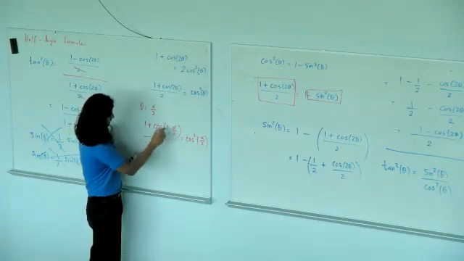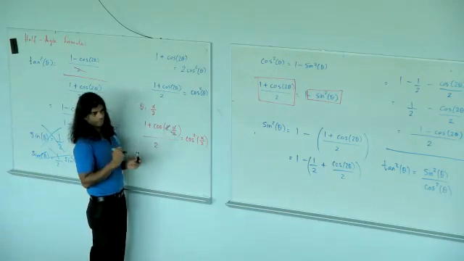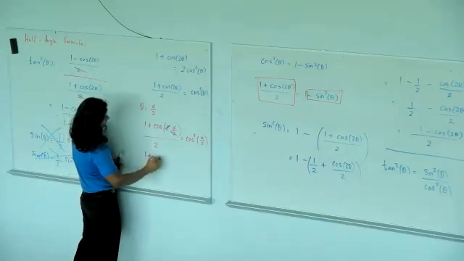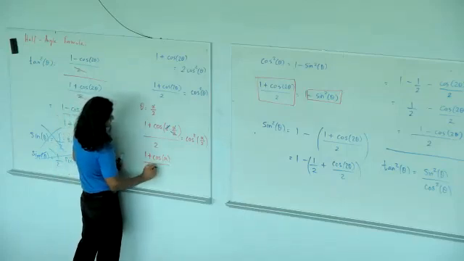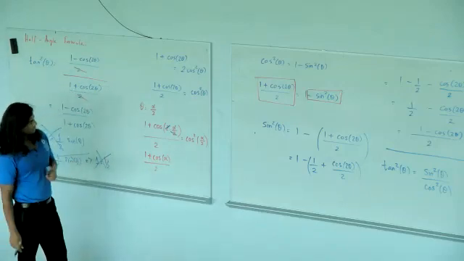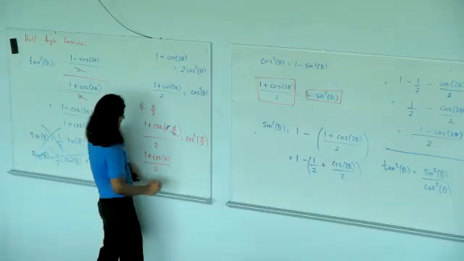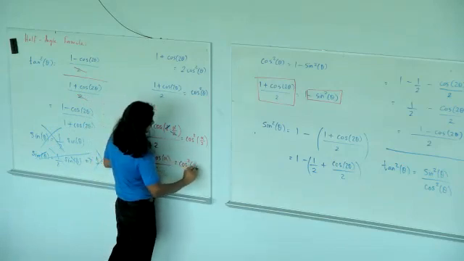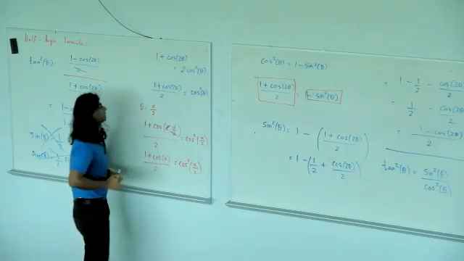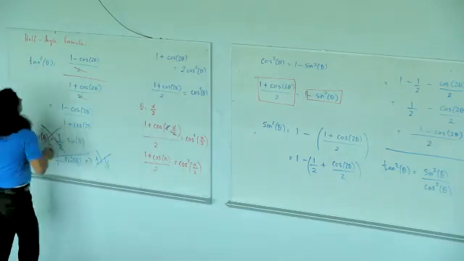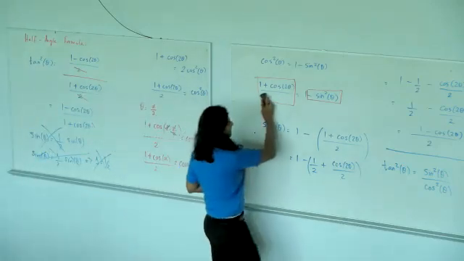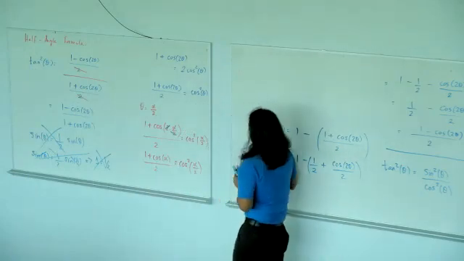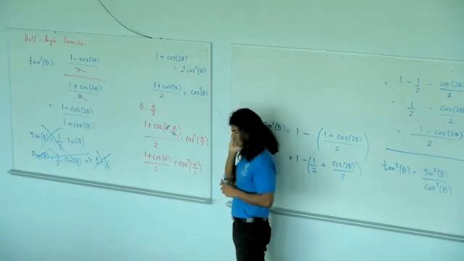The 2 will be gone. One plus cosine alpha, the entire thing divided by 2, is cosine squared alpha over 2.